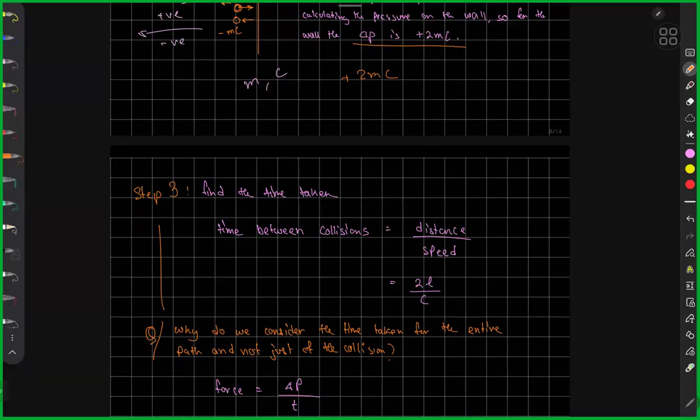I have a wall, I have the particle. There is literally no way to find the time of collision. That's the problem over here. There is literally no way to find out the time of collision, mathematically speaking, or even by observation.